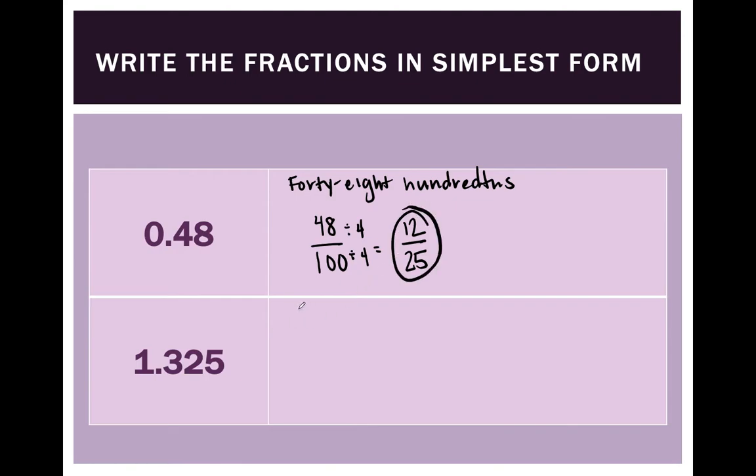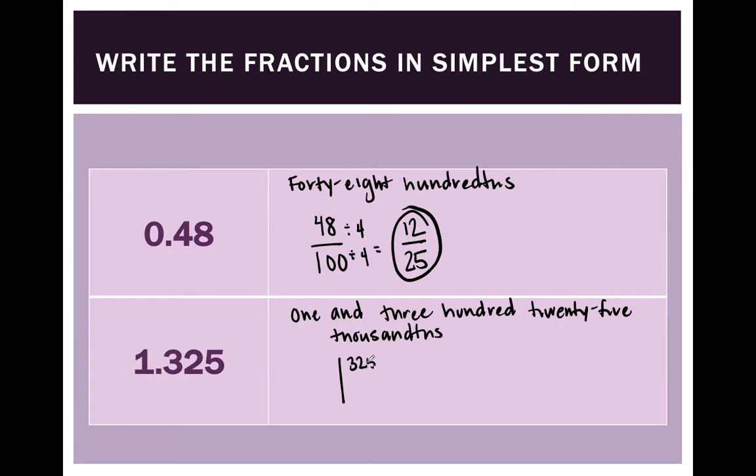And this second example is read as 1 and 325 thousandths. So again, if you can read it correctly, then you can write it as 1 and 325 over 1,000.